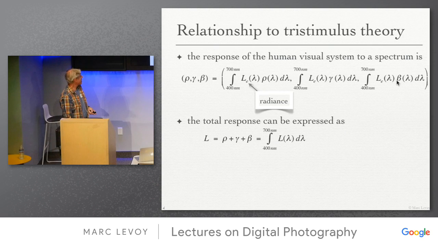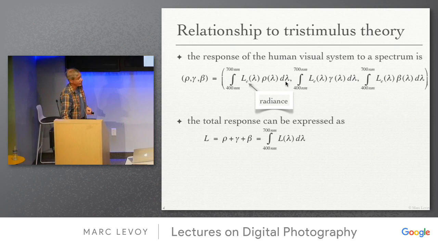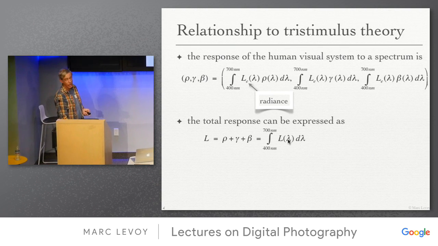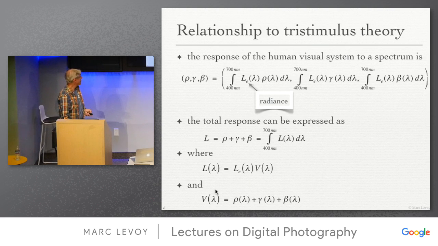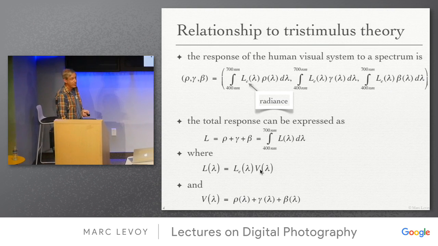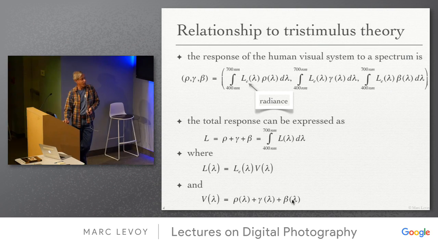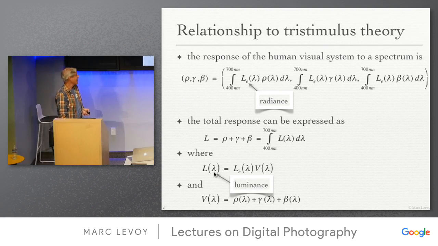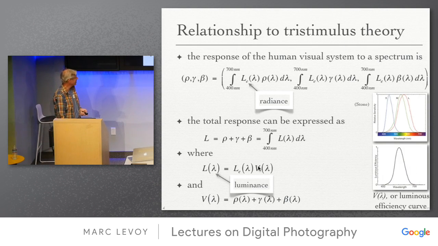We can also express the total response as the sum of rho gamma beta, and then refactor this to be this function integrated over the spectrum, which is the radiance multiplied by this, where this is the sum of rho gamma beta. So this is luminance, and this is radiance right here.